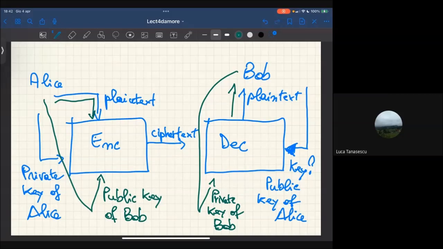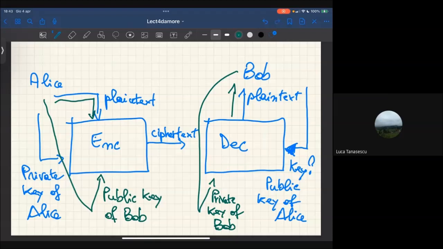But notice, please, that for doing that, Alice is not communicating to Bob any other information, because Alice is assuming that Bob is able to use the private key. So if we know that everybody has a pair of keys, we can send the ciphertext and get the confidentiality without the need of sharing a key. In the symmetric encryption, instead, we need to share a key.